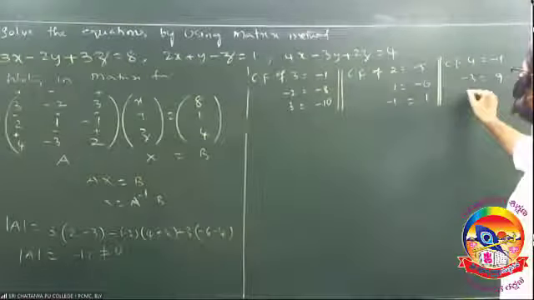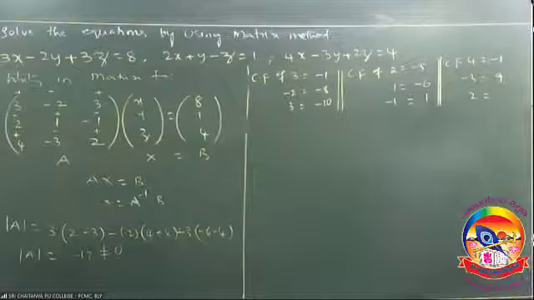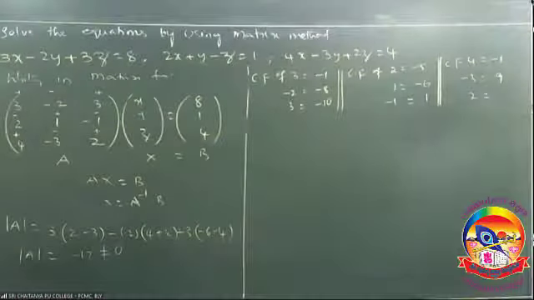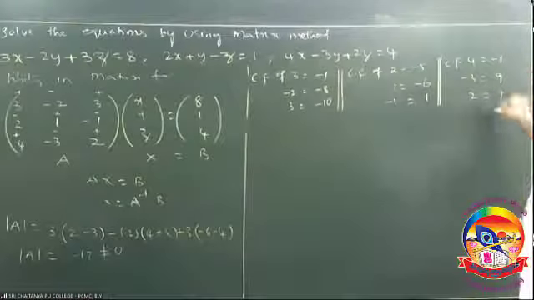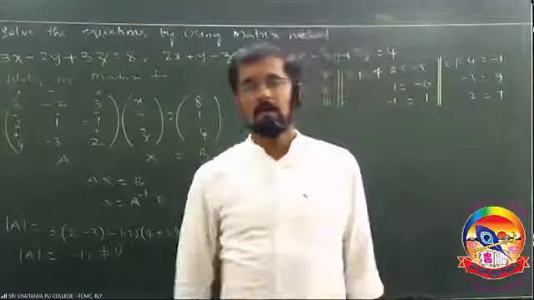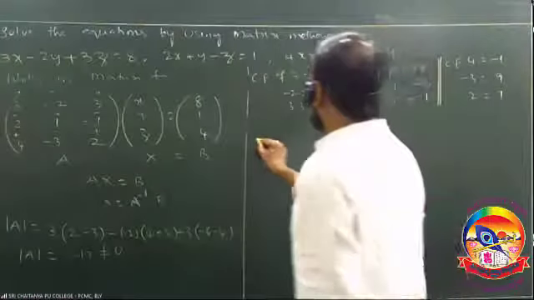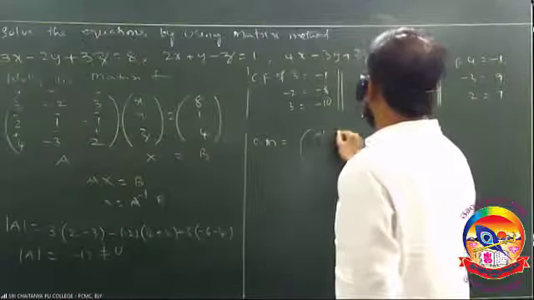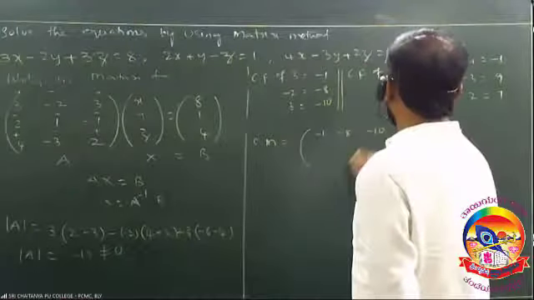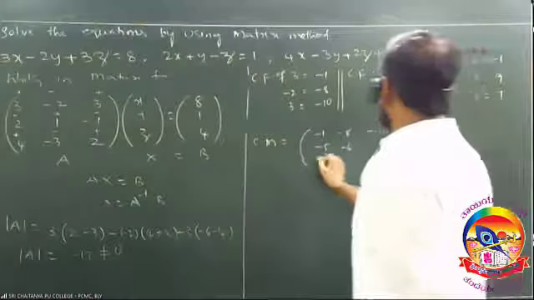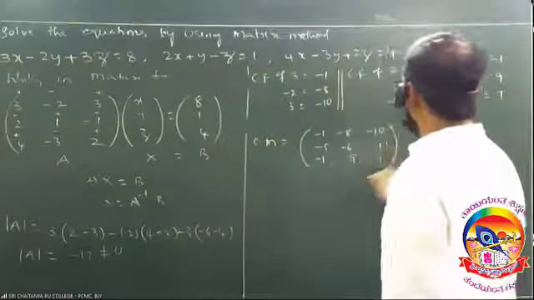Now cofactor of 2, you should get 3 minus of minus 4, which is equal to 7. I think you understood these cofactors, right? Now, what is the cofactor matrix? Cofactor matrix of this one becomes minus 1, minus 8, minus 10, minus 5, minus 6, 1, and minus 1, 9, 7.